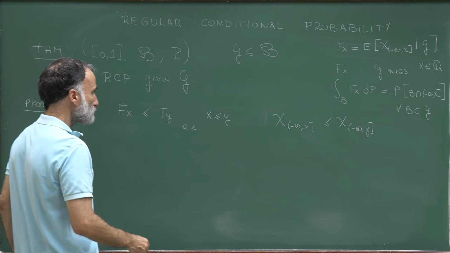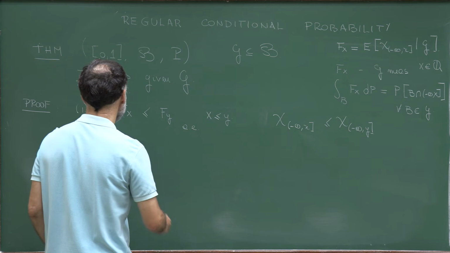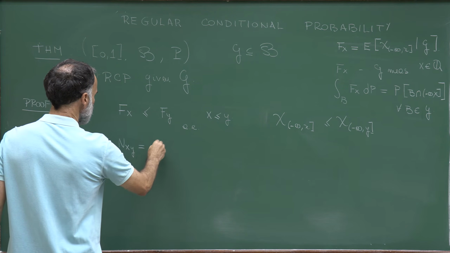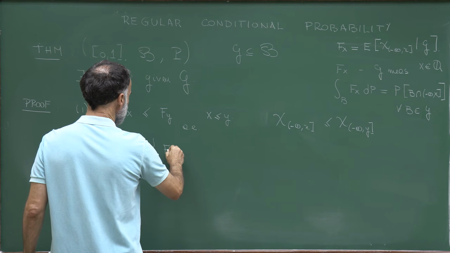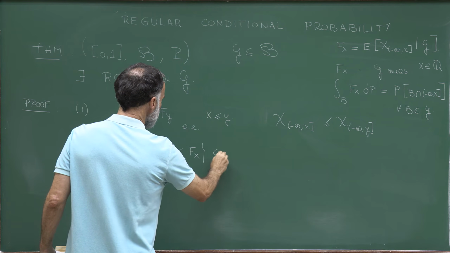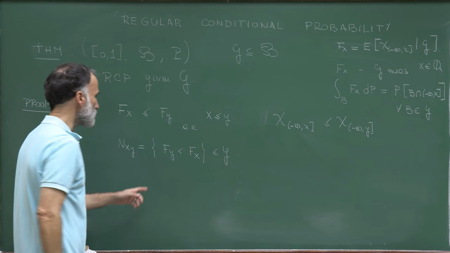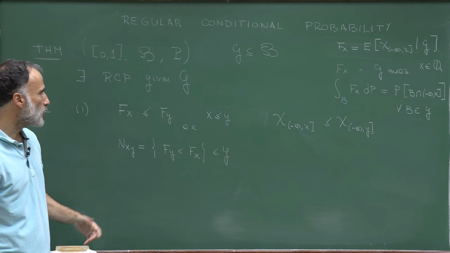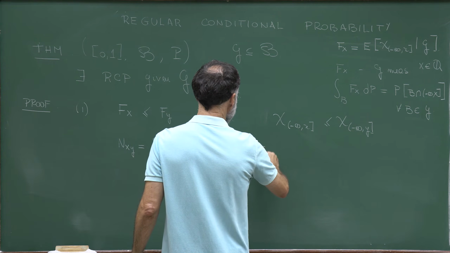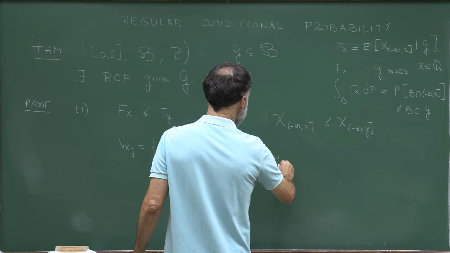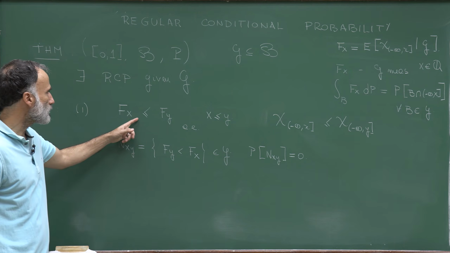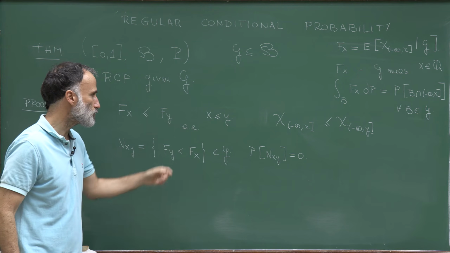So this means that, let me represent by N_{x,y} the set on which f_y is less than f_x. This set belongs to G because both f_y and f_x are G measurable, and the probability of N_{x,y} is equal to 0, because this inequality holds almost everywhere.